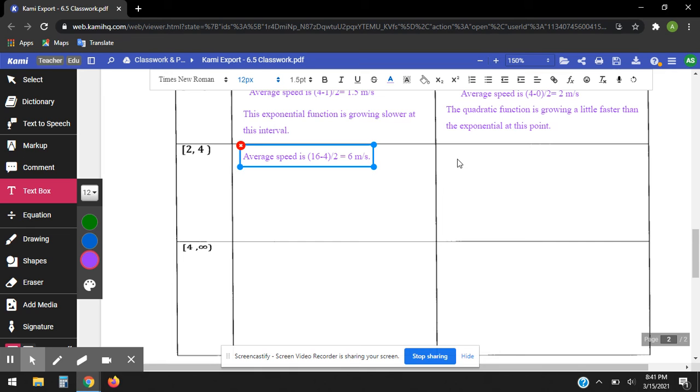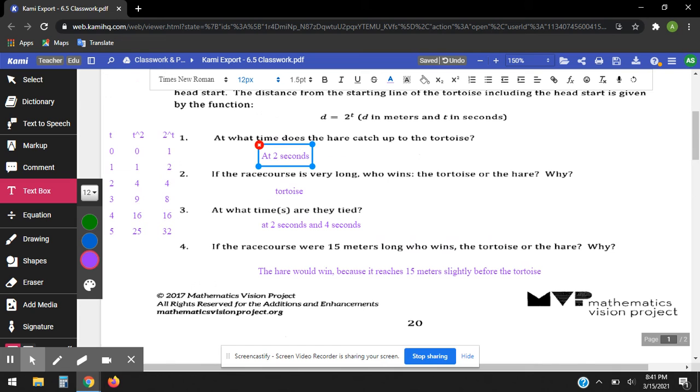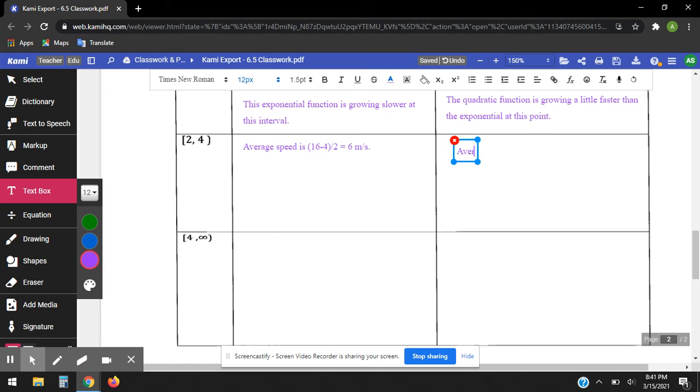And then the hare, 4 to 16. Okay, so it's actually the same speed, they're going from 4 meters to 16 meters in that 2 seconds. So it's 6 meters per second as well.